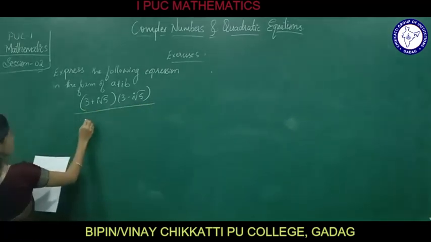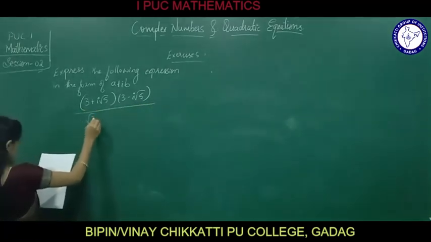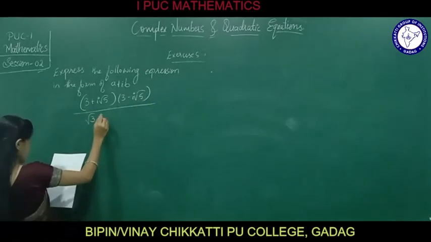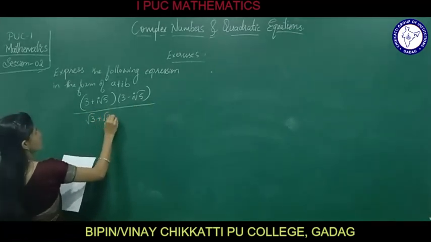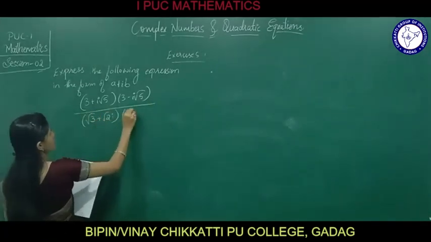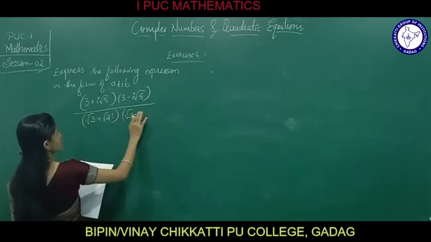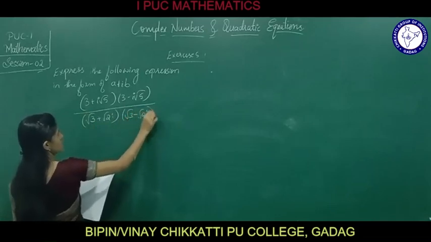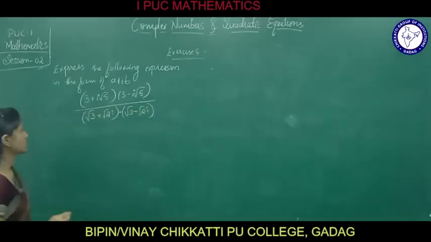divided by root 3 plus root 2i into root 3 minus root 2i. So let us look over the solution.